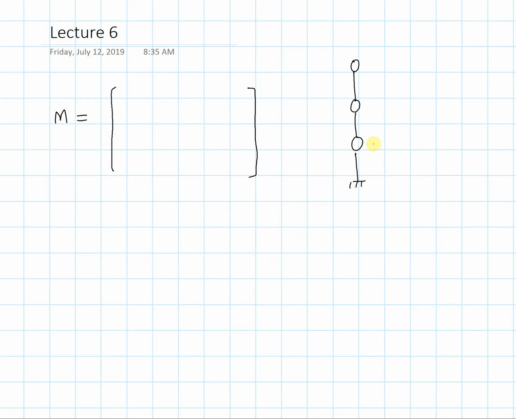So I can accelerate the first one with u1 dot dot, and what I'll get is a force for the first element. So since this is m1, I'll have an m1 here, and everything else is equal to 0. They don't really play a part. Again, with m2 I'll have the same, but with m3 I'll have the same thing as well. m2 and m3, and there's a 0 here and a 0 here.